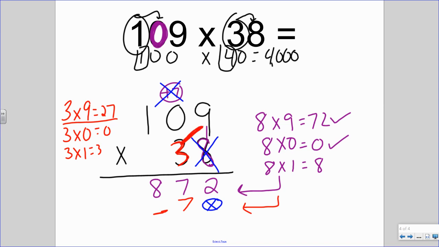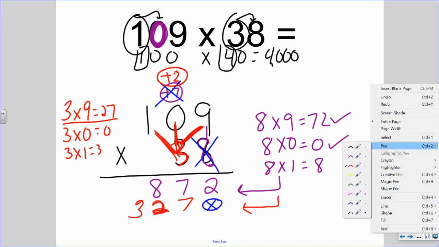But the 3 times 9, this 9 was in the ones place. So that 2 from 27 has to get carried directly next door. And so now I'm going to do 3 times 0 is 0, plus 2 more is 2. And finally, 3 times 1 is 3.